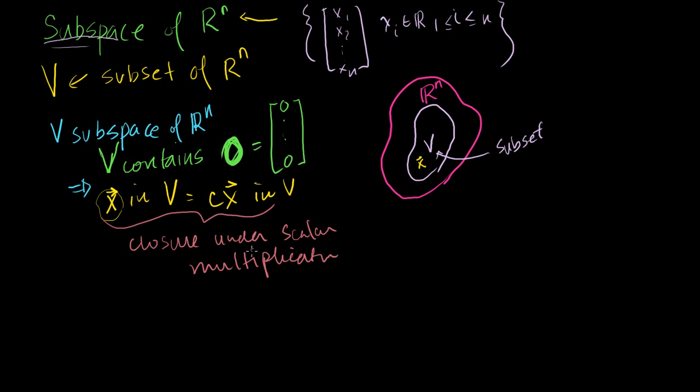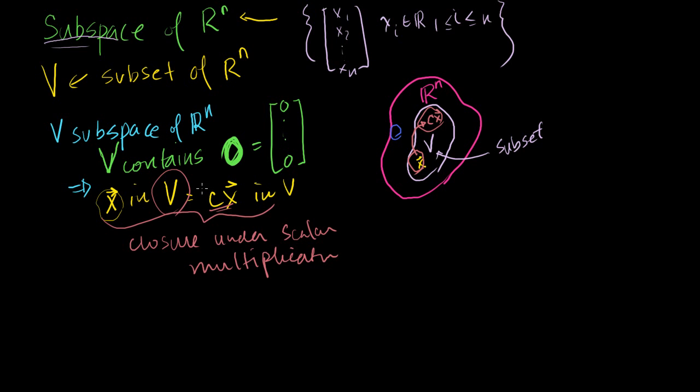That's just a fancy way of saying, if I take some member of my set and multiply it by some scalar, I'm still going to be in my set. If I multiply it by some scalar and end up with some other vector that's not included in my subset, then this wouldn't be a subspace.